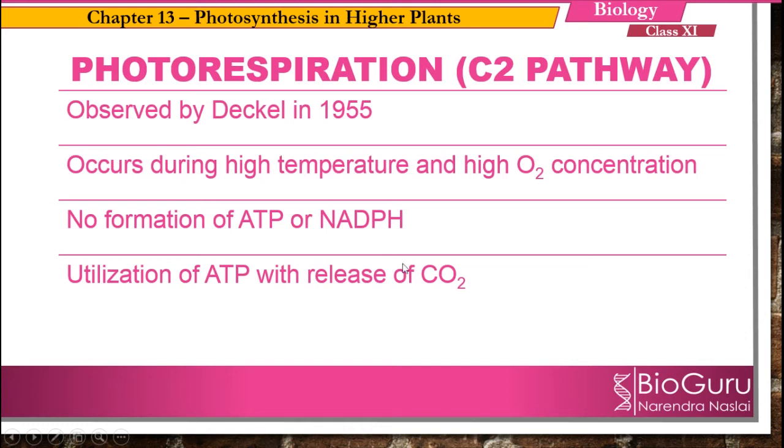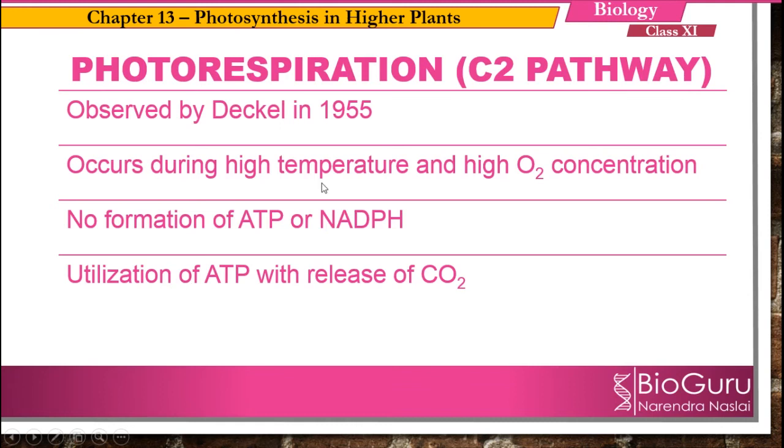What do you think is going to happen in photorespiration? Exactly the opposite of the light reaction. Here there is no formation of ATP or NADPH, but there is a utilization of ATP, and there is a release of carbon dioxide. Here the oxygen is not released, as we have seen in the light reaction, where oxygen is released after photolysis.